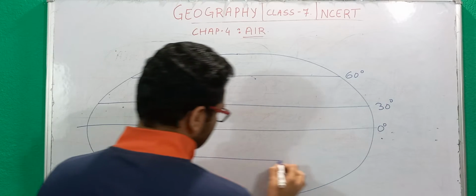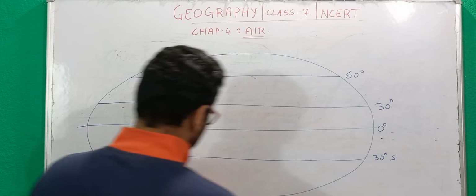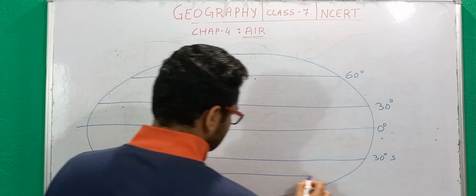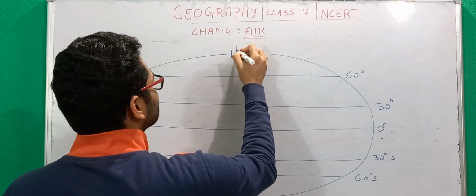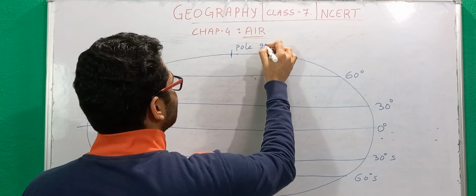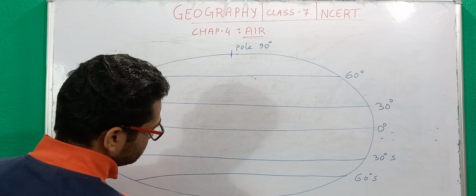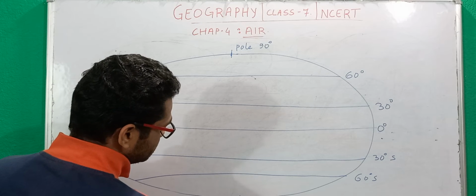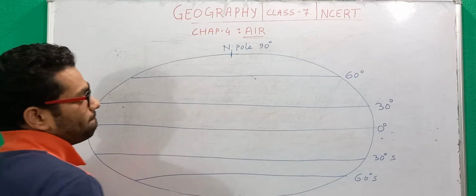Similarly in the southern hemisphere also we have 30 degree south and 60 degree south, and here is the pole which is 90 degree, and of course in the south pole also we have 90 degree. So this is the south pole and this is the north pole.